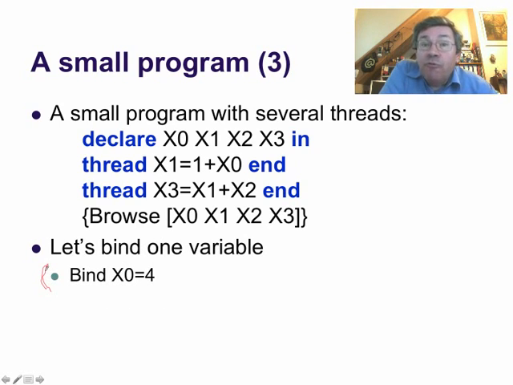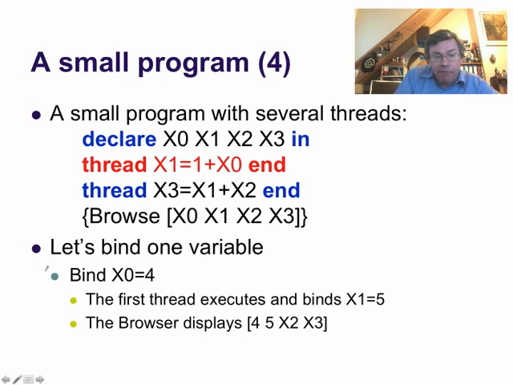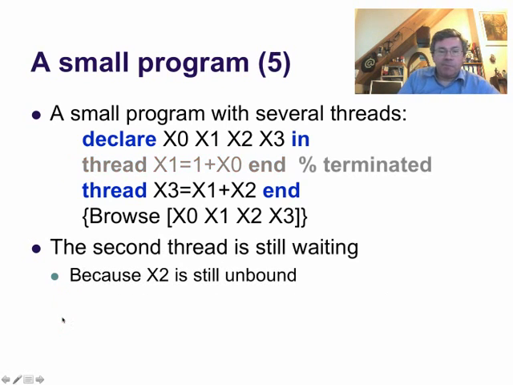Let's bind x0 to 4. What will happen? Well, the first thread, which is in red here, now has both of its arguments for the addition, so it will execute the addition and it binds x1 to 1 plus 4, which is 5. So the browser updates and displays 4, 5, x2, x3.